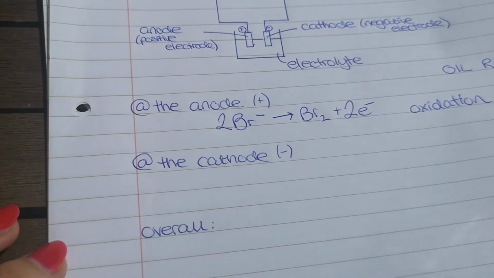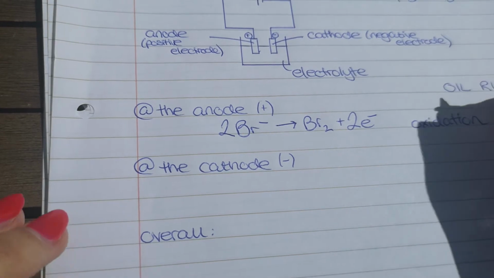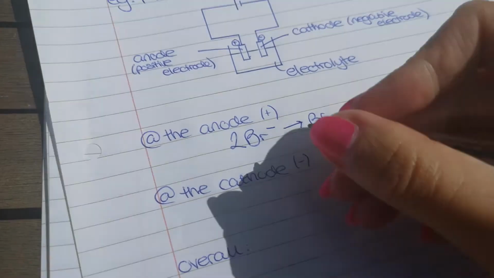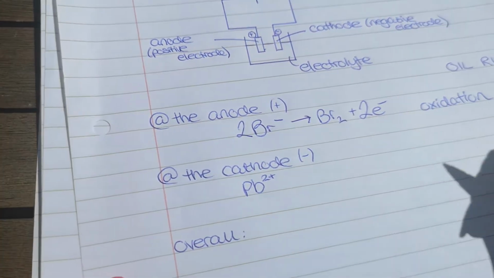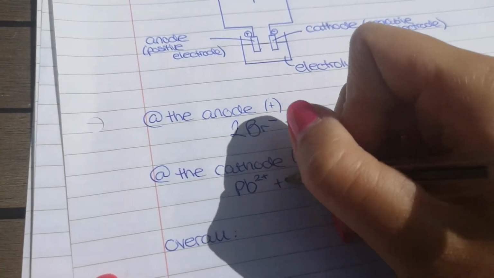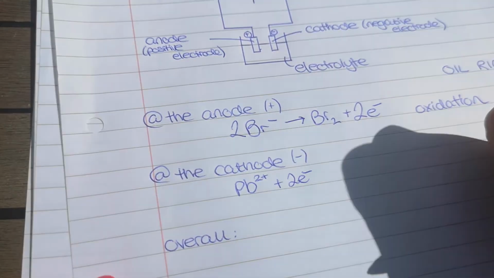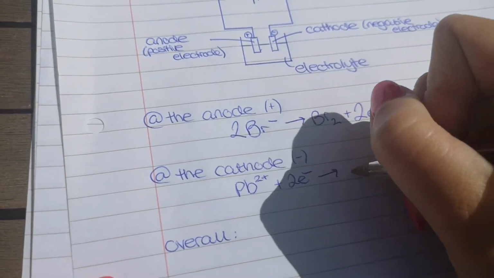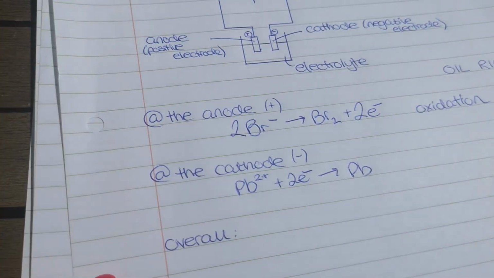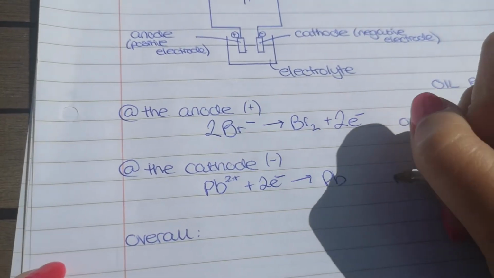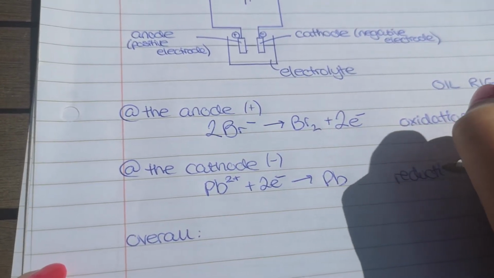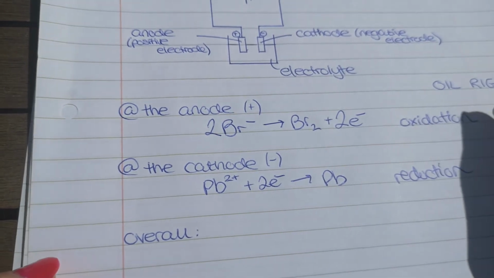At the cathode, that's the negative electrode, that's where our positive ions will be attracted to, so that's the Pb2+. Now it wants to get back to just being normal Pb, so it's going to have to gain 2 electrons because it's got a 2+ charge, and then it will just form normal lead. Now that's reduction because it's gained electrons, and oxidation is loss, reduction is gain.